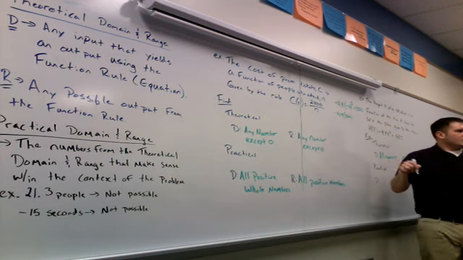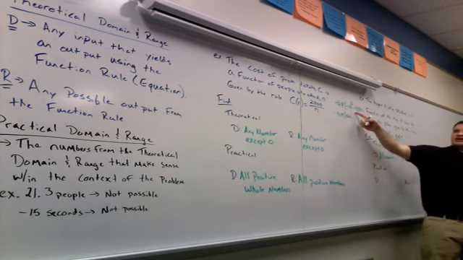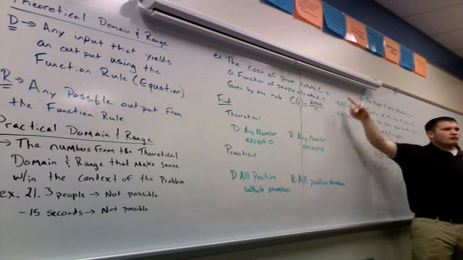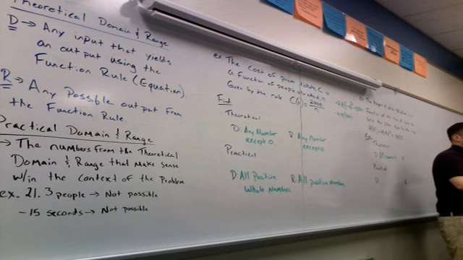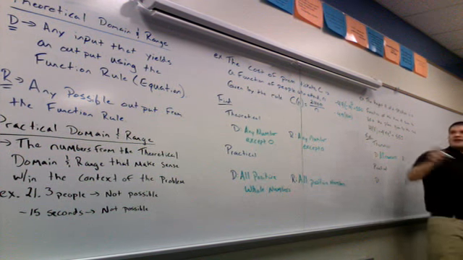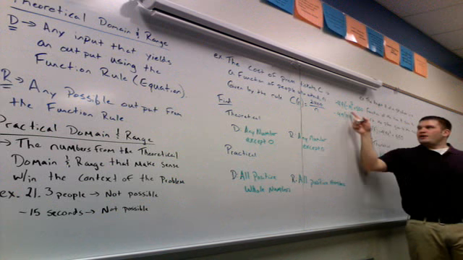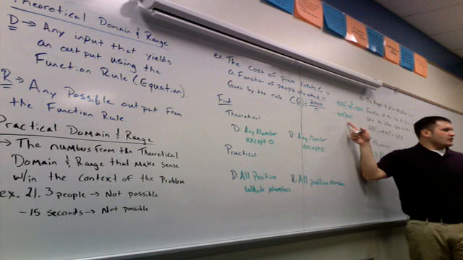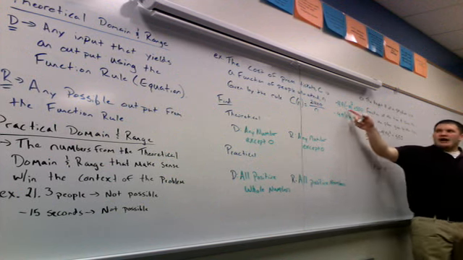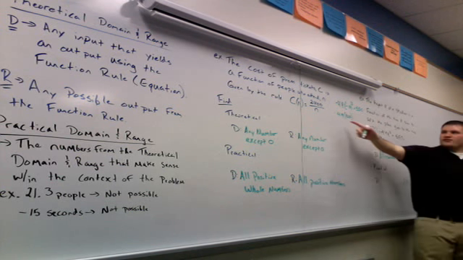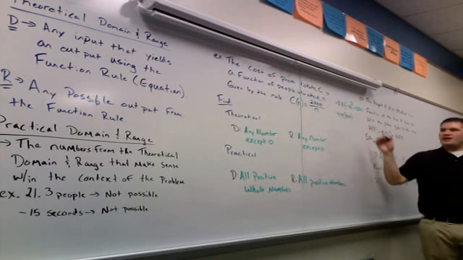Regardless of what I plug in for t, this first term will always end up being negative. If I plug in -8, it's going to be positive 64. If I plug in 8, it's going to be positive 64. -10 is 100. Positive 10 gives me 100, right? This first term will always be negative.